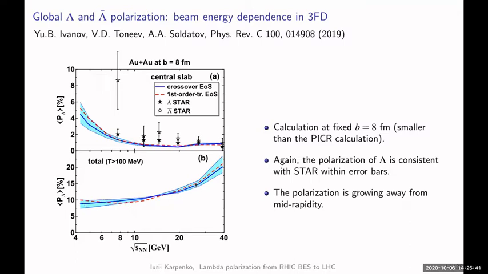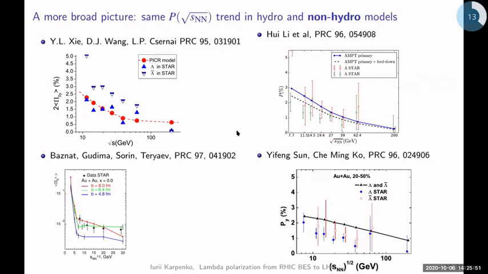And then, surprisingly, for all lambdas the mean polarization is actually growing as a function of collision energy. Again, this is a little bit overstepping the topic of this talk. Let's say more broadly speaking, the same energy dependence trend is produced not only in hydro, but also in non-hydro calculations, meaning transport model calculations.